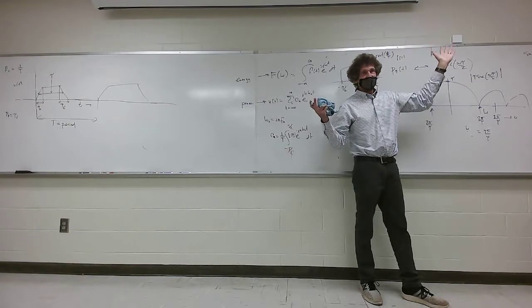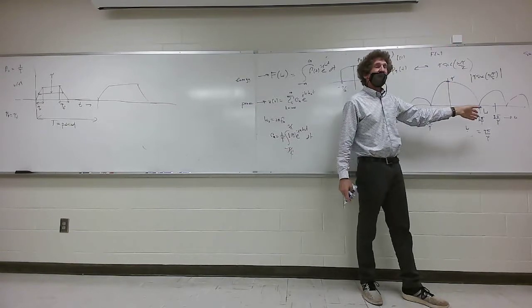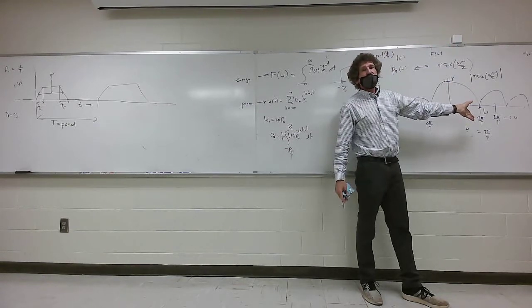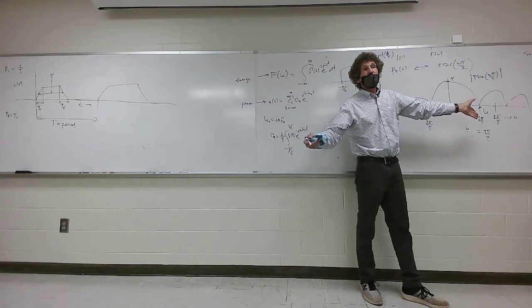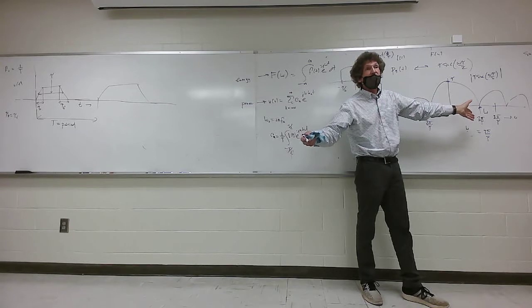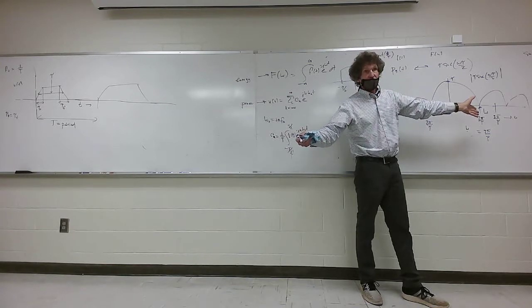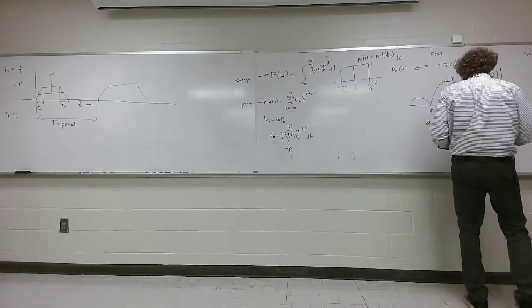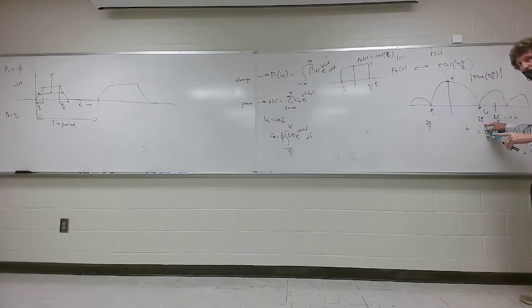Anyway, when I come back here, what happens when we go in the frequency range? This is an important point. It directly relates to what Whitworth's book says. What do we have to do to omega to get it in f? Divide by 2 pi. You with me? All right, so what I'm going to do is now, I know that's 2 pi over tau. So in the f domain, it's just 1 over tau.